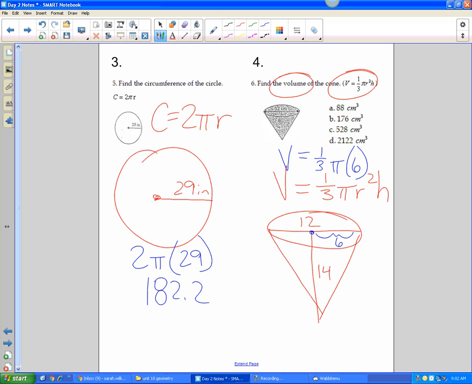So you got to pay attention to whether it's the diameter or the radius. Jeremy, what do we say H stood for? So how high is this cone? 14. Good. All right. Faith, type that in for us, and other people can do it too to double check her. Type that in. Tell us what you get.